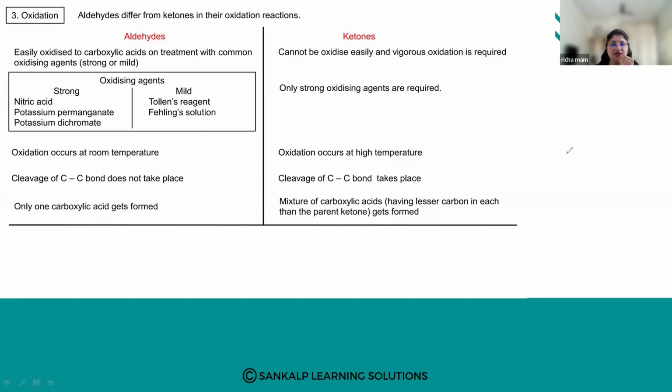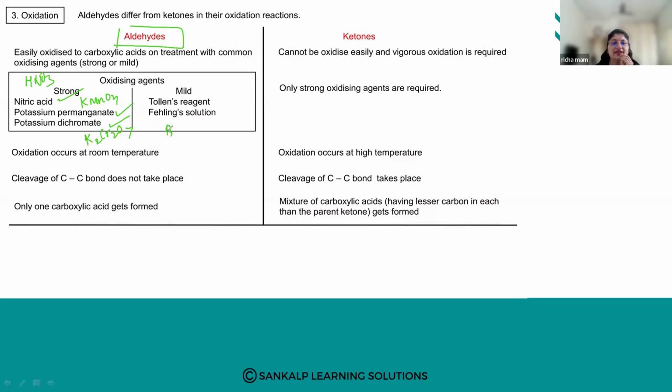Here is a list: concentrated nitric acid HNO3, potassium permanganate KMnO4, and potassium dichromate K2Cr2O7. And mild oxidizing agents are Tollens reagent and Fehling's solution.